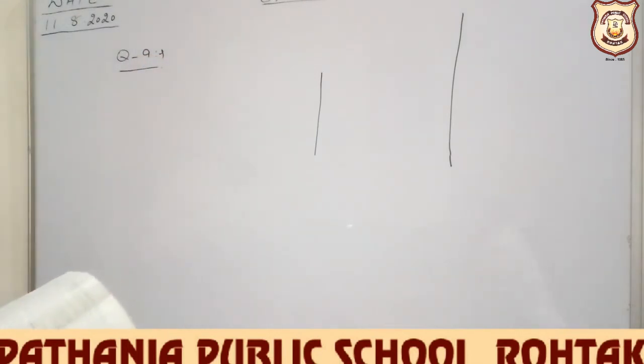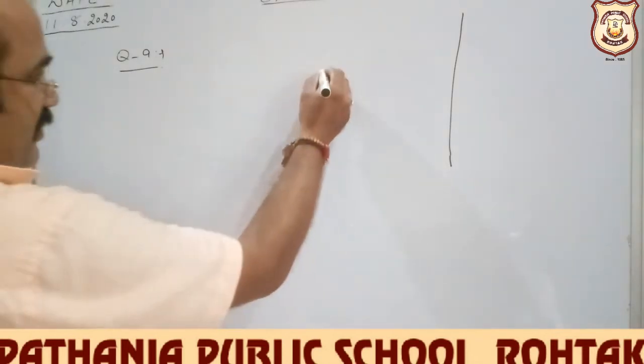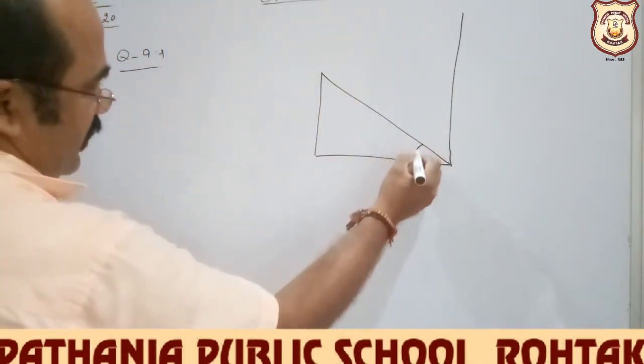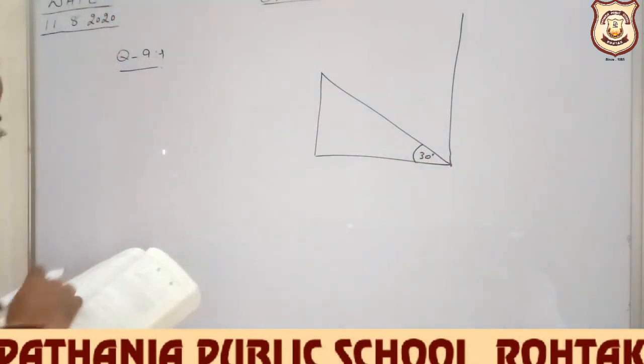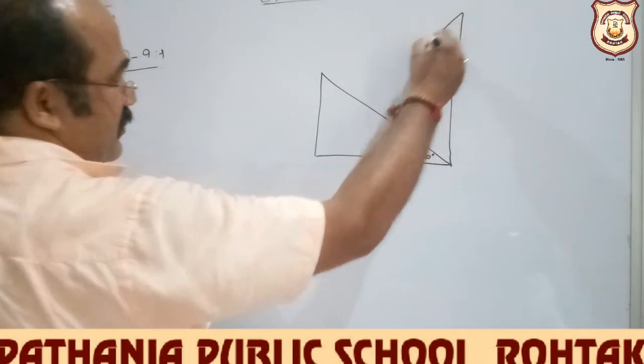In this, students, the angle of elevation of the top of a building from the foot of the tower is 30 degree. This one is 30 degree. Then after this, the angle of elevation of the top of the tower from the foot of the building is 60 degree.